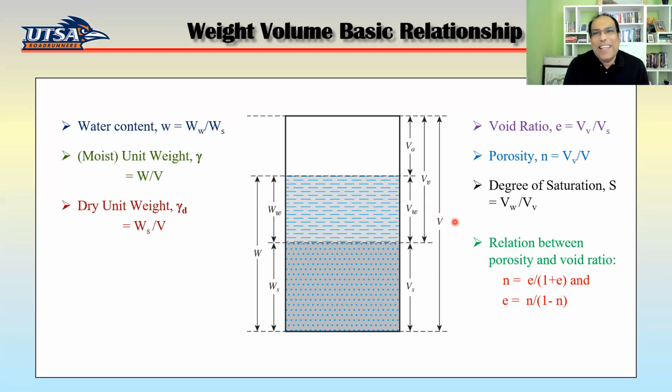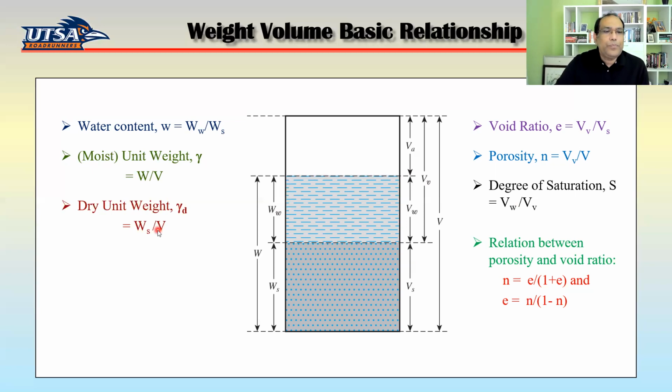So the only thing that remains there is the weight of solid. That's not going to change until you change your compaction. We'll talk about compaction in chapter 6, but for now, you just have to remember that dry unit weight is basically weight of solid divided by the total volume.